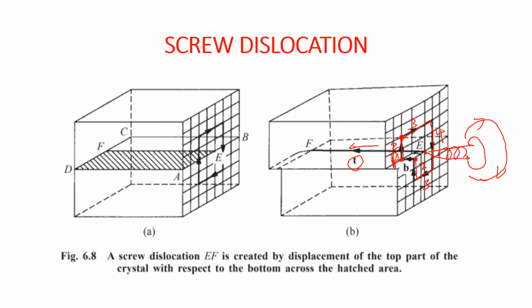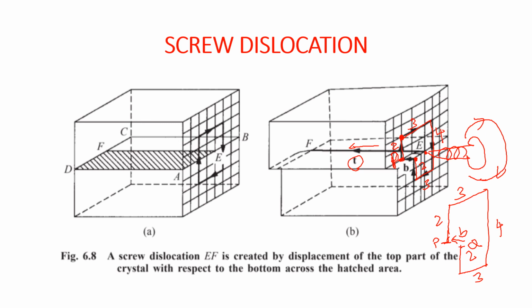We are not reaching the starting point. There is some distance left. So this was the starting point P, and this was the end point Q. Now draw a vector from Q to P. This is the Burgers vector. Okay, you got the point. So this is the way to draw the Burgers circuit and Burgers vector.